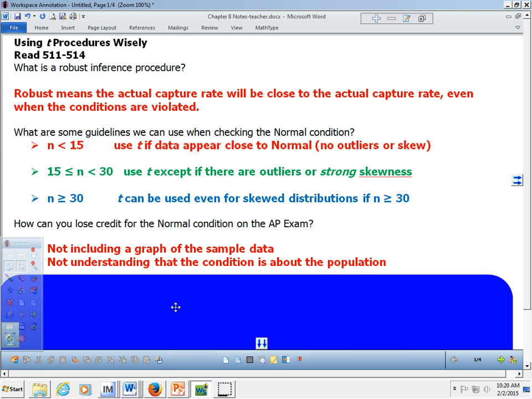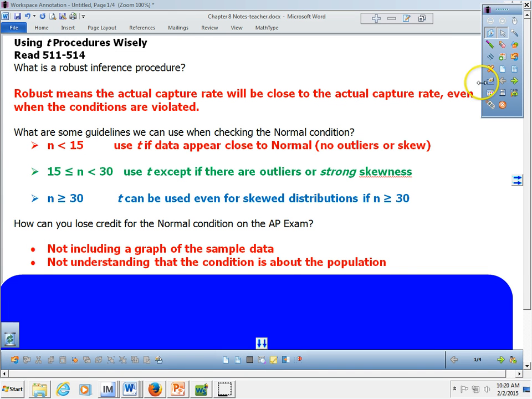And then the other part is not understanding that the condition is about the population. Again, we want to know if the population is approximately normal, from what I was saying before. Okay? And again, if our sample size is 30 or bigger, then it doesn't matter. We know our T procedures are okay because the sampling distribution will be approximately normal. Okay?